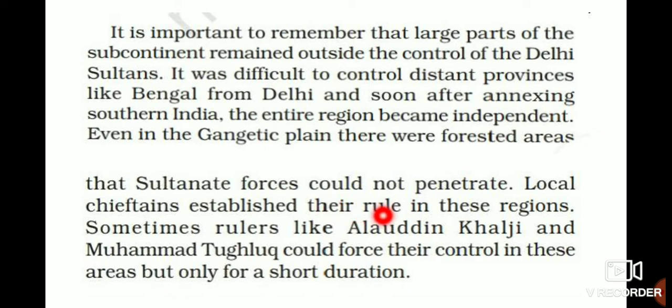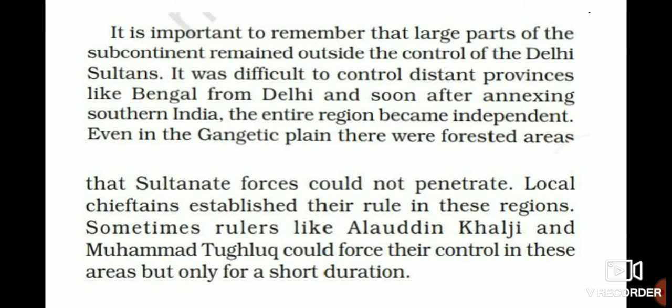Local chieftains established their rule, and because of this, what happened? Local chieftains started establishing their rule in these regions. Sometimes rulers like Alauddin Khilji and Muhammad Tughlaq could force their control in these areas, but only for a shorter duration. As the kings were incapable of ruling all over the country, local rulers started ruling.